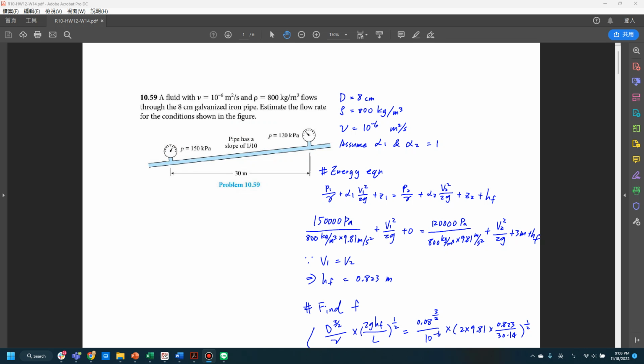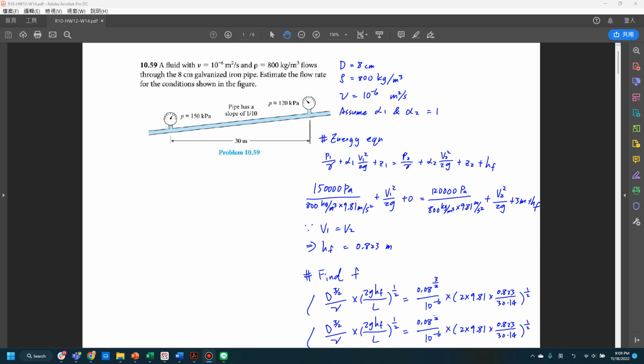On the top, I wrote down some information extracted from the problem and this diagram: the diameter of the pipe is 8 cm, the density is 800 kg per cubic meter, and the viscosity is 10 to the power of -6. And here we assume alpha 1 and alpha 2 are equal to 1.